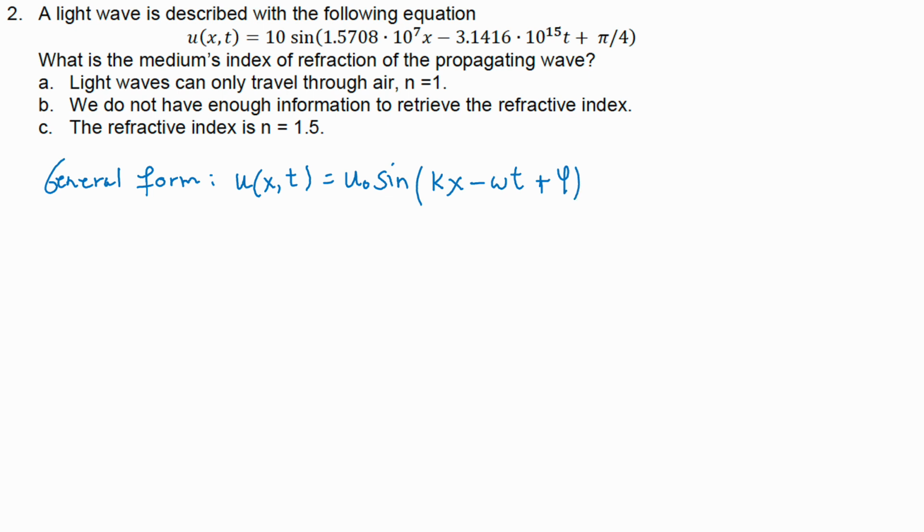So if we compare with the previous equation, our wave number is 1.5708 multiplied by 10 to the 7. This is our wave number. And then our angular frequency is 3.1416 multiplied by 10 to the 15.